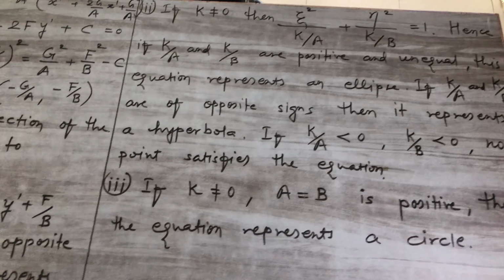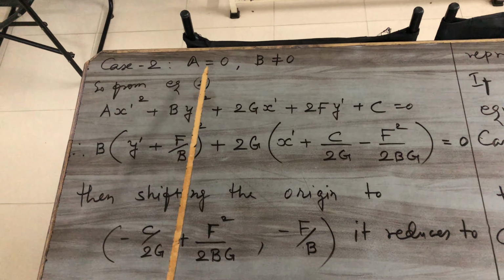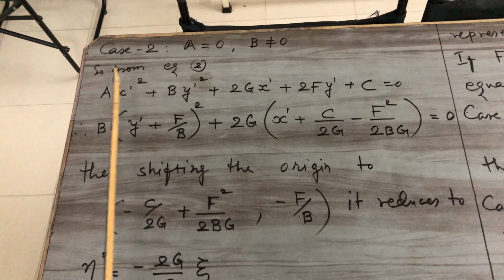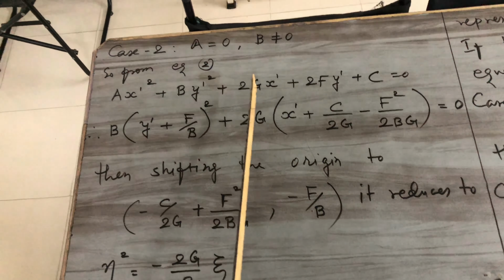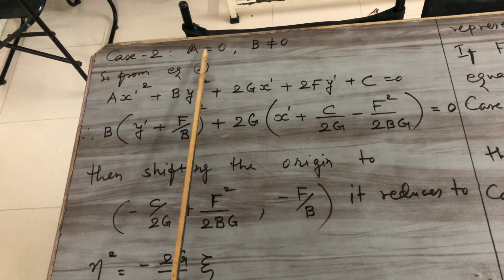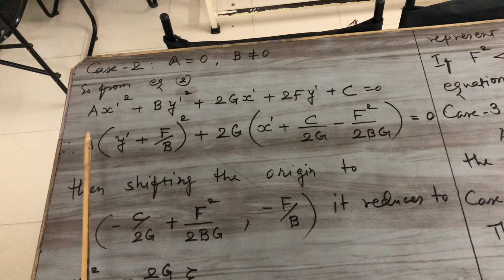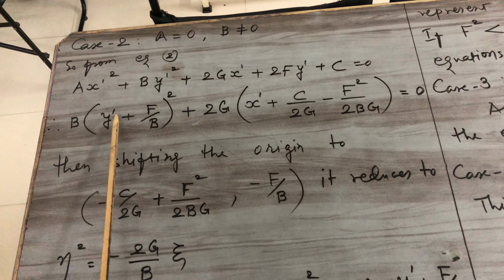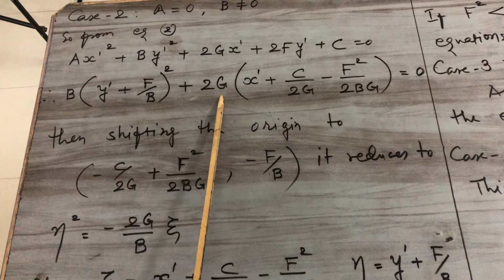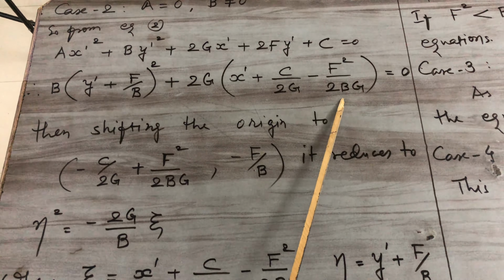Now we will discuss case 2. Okay. Case 2: a = 0, b ≠ 0. So from equation 2, ax'² + by'² + 2gx' + 2fy' + c = 0, we have taken a = 0, so this term cuts out, and making a perfect square and taking b common: b(y' + f/b)² + 2g(x' + c/2g − f²/2bg) = 0.